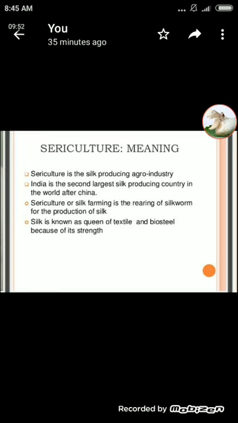The farmers keep these eggs under hygienic conditions, under suitable temperature and humidity, and the eggs are warmed to a suitable temperature for the larva to hatch from the eggs.